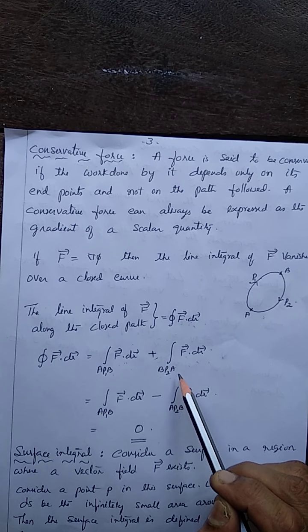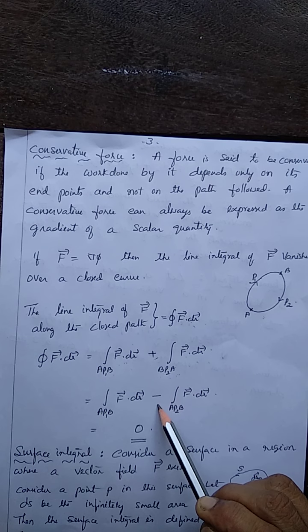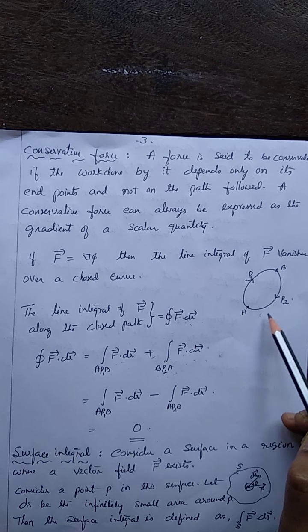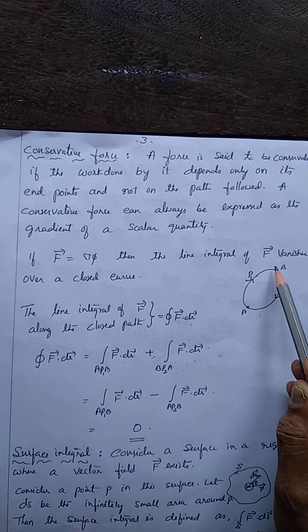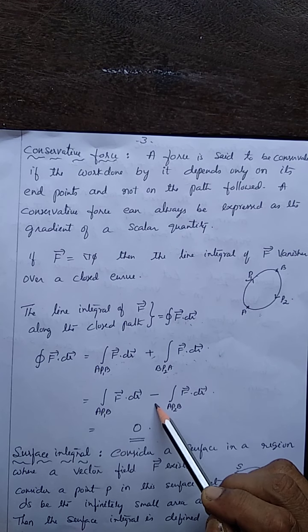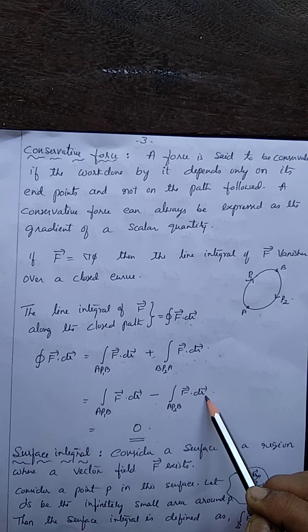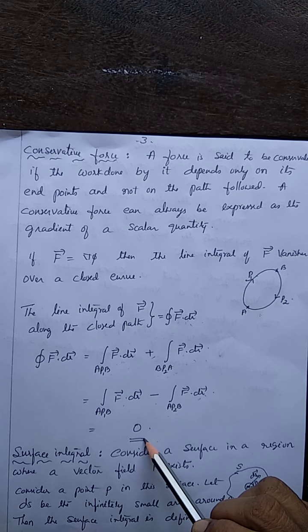This term can also be written as minus, since moving from B to A along this path is nothing but moving from A to B in the opposite direction. So minus the integral along AP2B of F dot dr. Both these are the same, therefore it is 0.